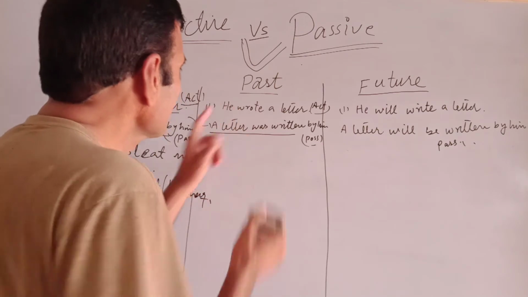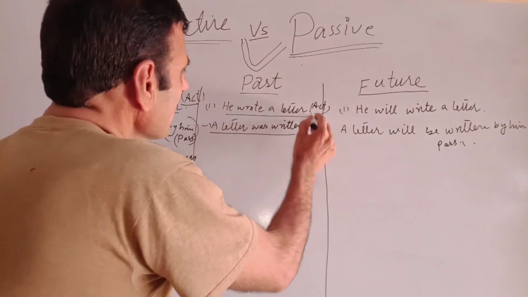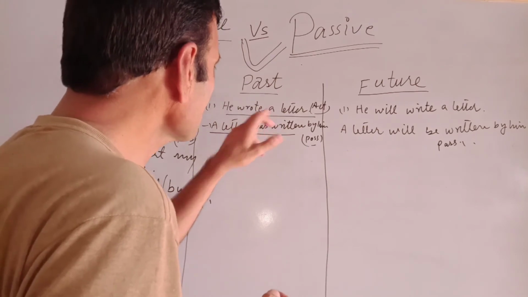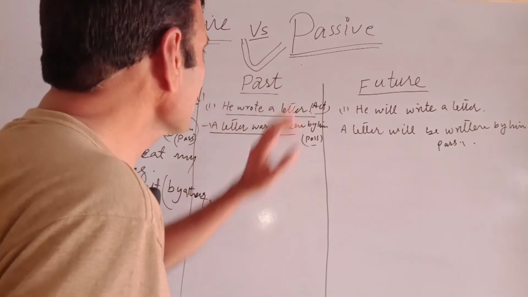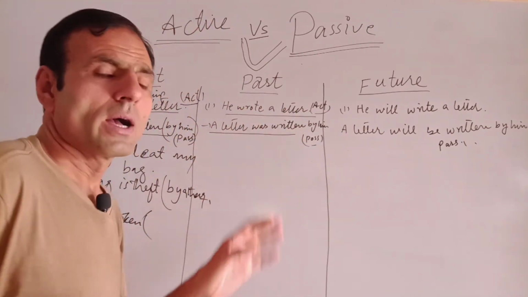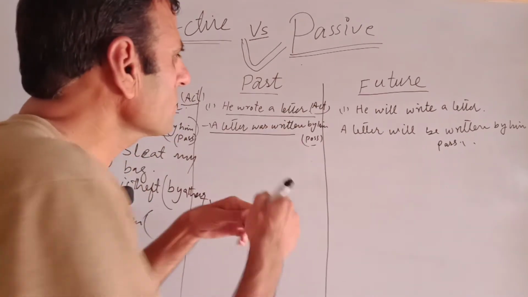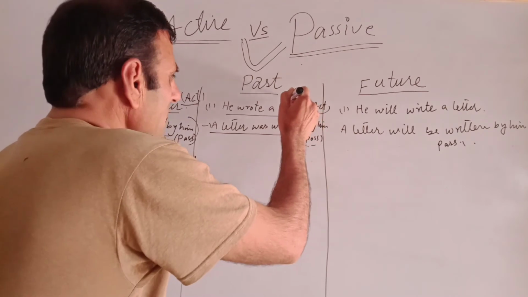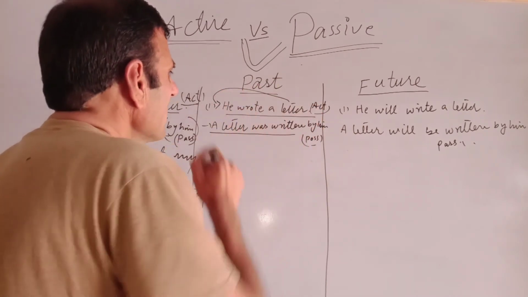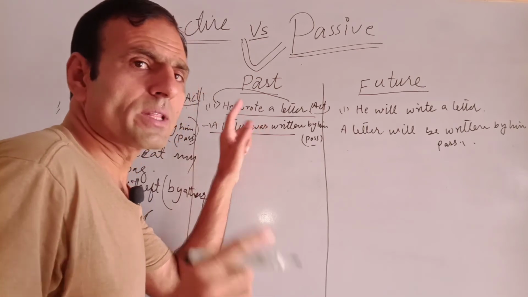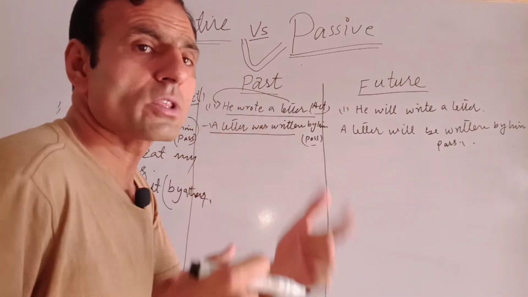Now we change the simple sentence into continuous. He was writing a letter. Now, a letter was being written by him. As I told you, the object becomes the subject, and whether it is the first form or second form, in the passive voice it changes into the third form of the verb.